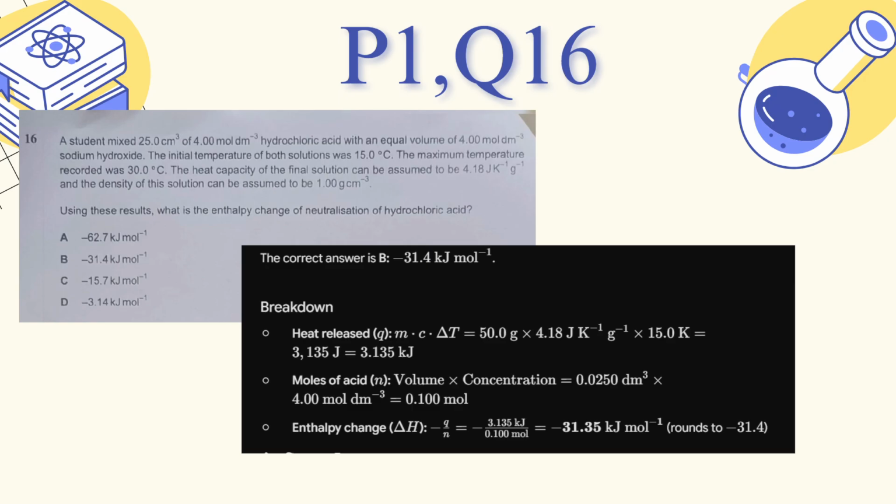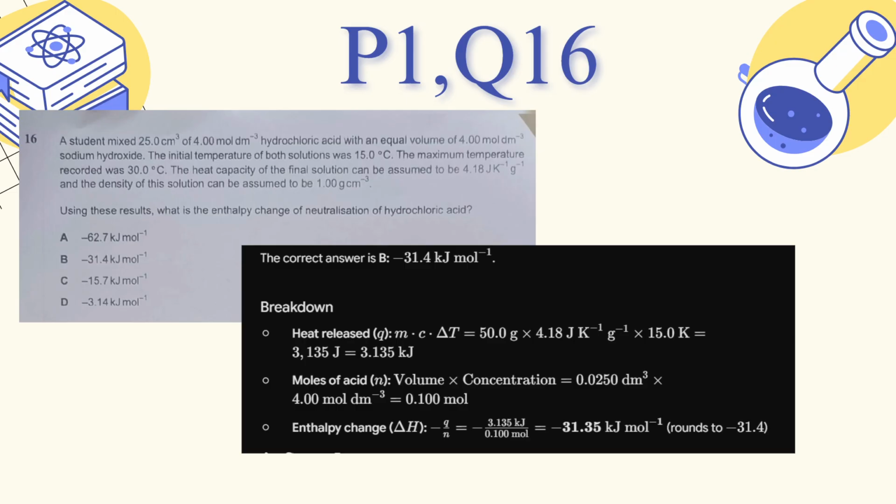Next, question number 16. First, we calculate the heat released by using m times c times delta temperature, which equals 50 grams times 4.18 times 15, equals 3,135 joules.